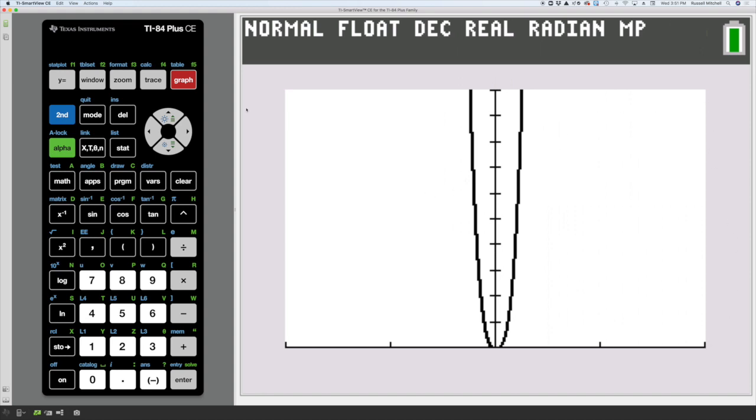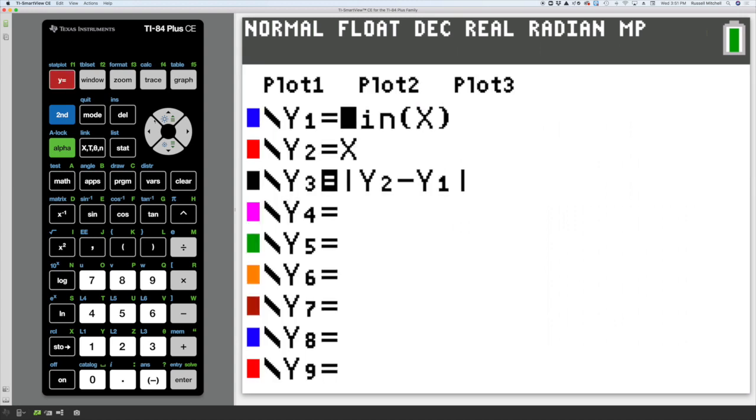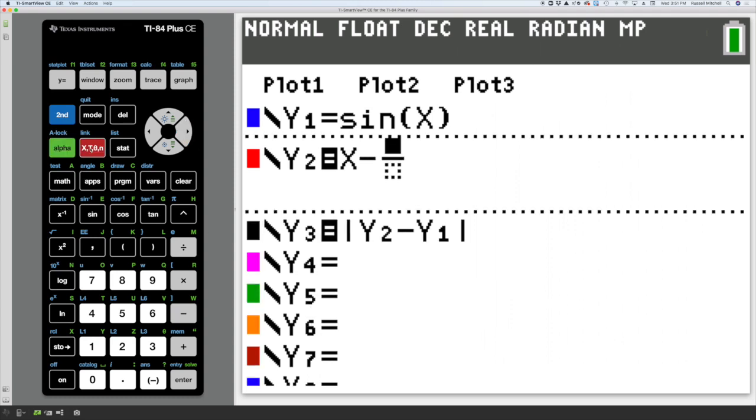So now let's go back to y equals. Let's add one more term to our Taylor polynomial. So this is going to be minus, and then alpha x to get our fraction bar, and it's going to be x to the third power over 3 factorial. You could do 3 factorial, and it's 6, but I'm just going to type in the 3 factorial. Okay, and now let's graph that.